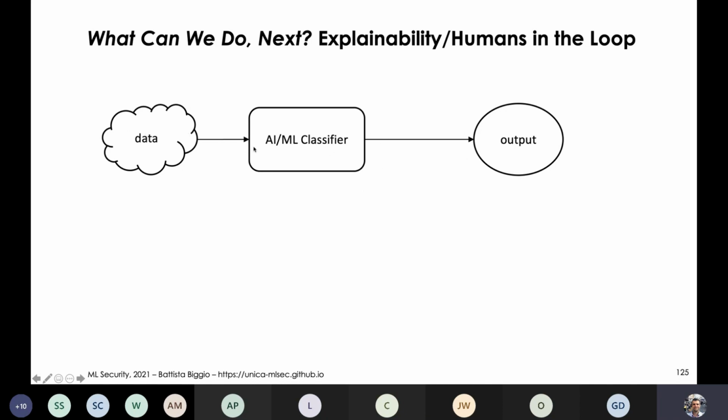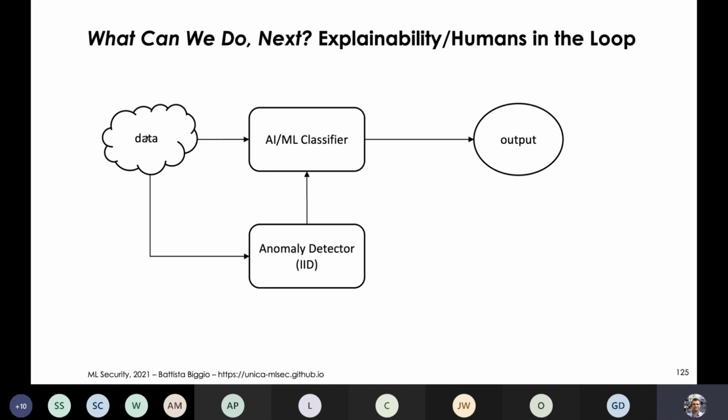And we know that this can be tricked to some extent by different attacks or by tampering with data and so on. So for example, there is a line of work in which you can imagine having a sort of firewall that works along with your classifier and tries to detect anomalous conditions. Okay, so this is like trying to detect whether something weird happened on the data.